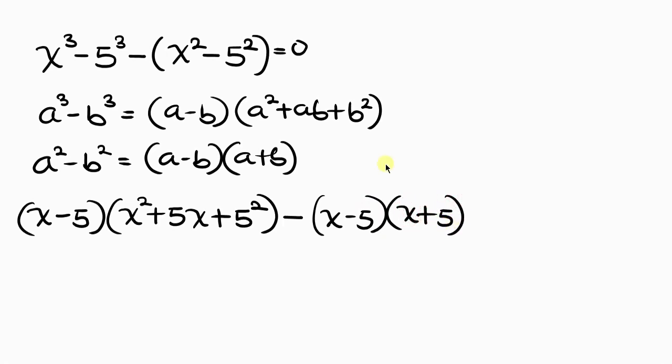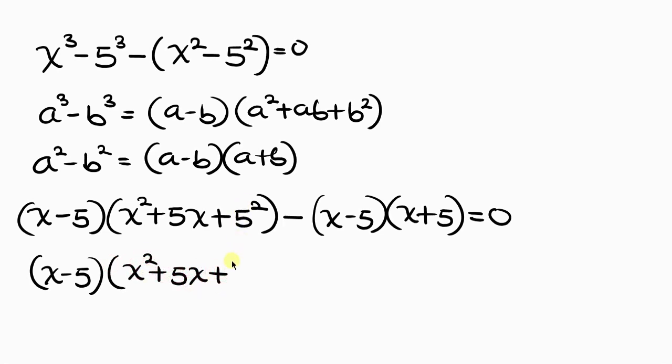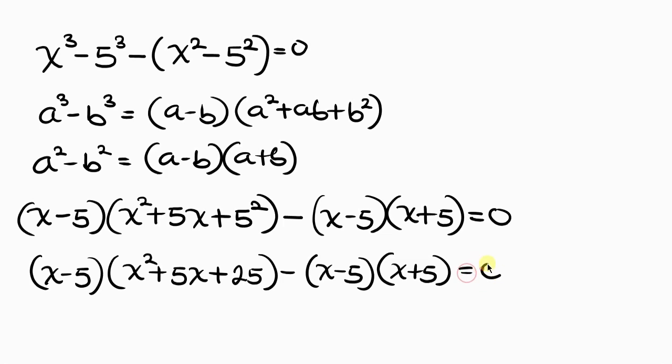Very good. And this is equal to 0. And now simplifying further, we have x minus 5 times x squared plus 5x, and then plus 5 squared is 25, and then minus x minus 5 times x plus 5. And this is equal to 0.